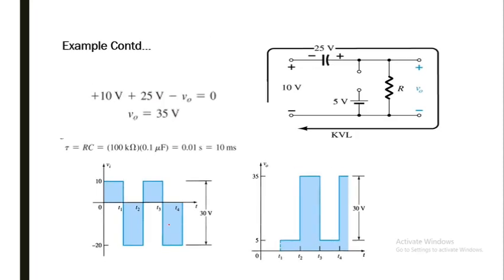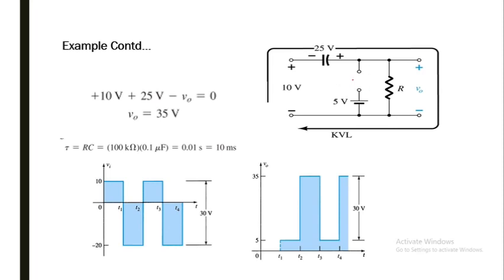Now for the time T2 to T3, that is the positive half cycle, we should know the output value. For this time, T2 to T3, the diode becomes reverse bias and we replace the diode with an open circuit.